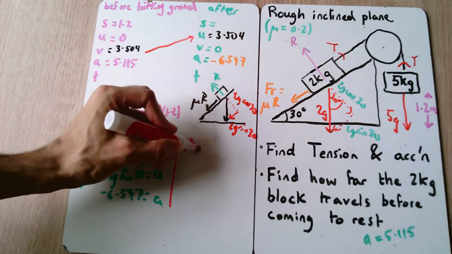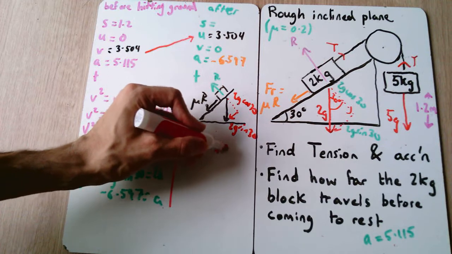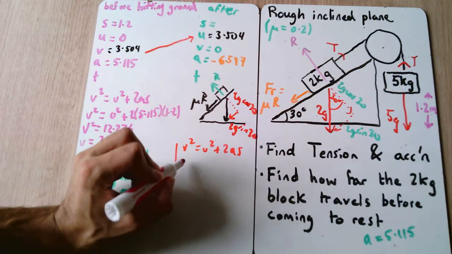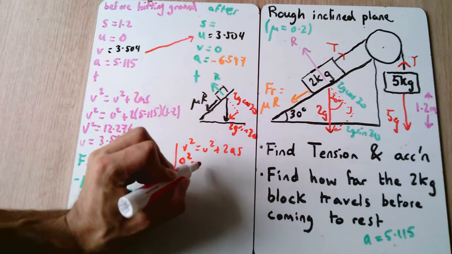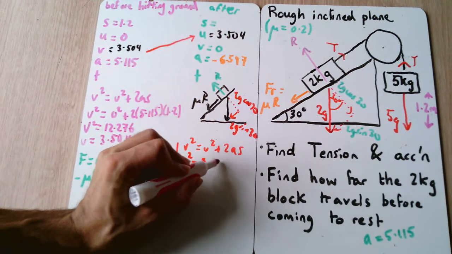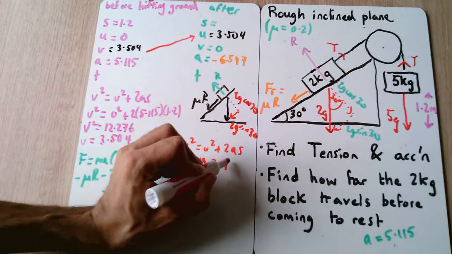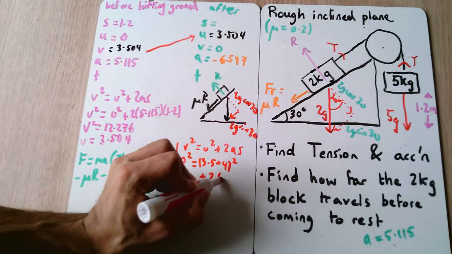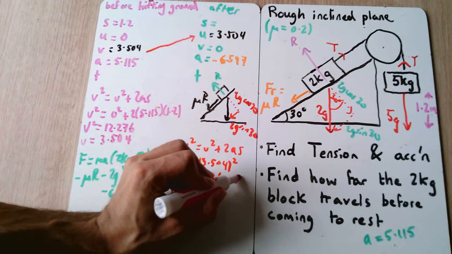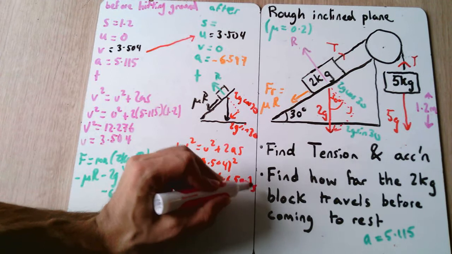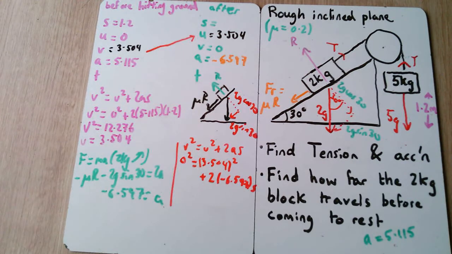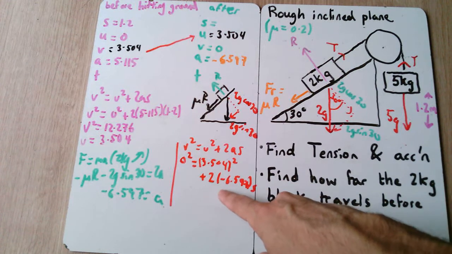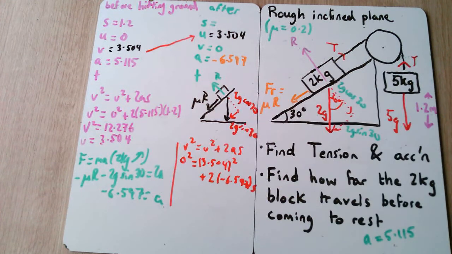So v squared equals u squared plus 2as. V squared is equal to 0 squared. U squared is 3.504 squared plus 2 times minus 6.597s. Now, if I'm trying to work this out, I simply need to rearrange this and take the 2 times minus 6.597s to the left-hand side.